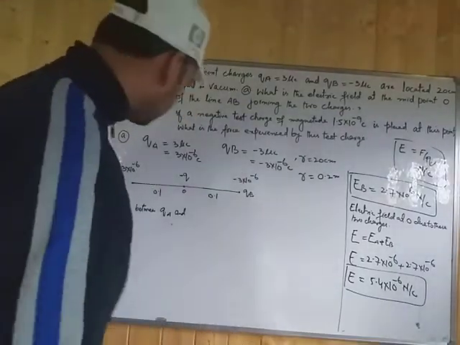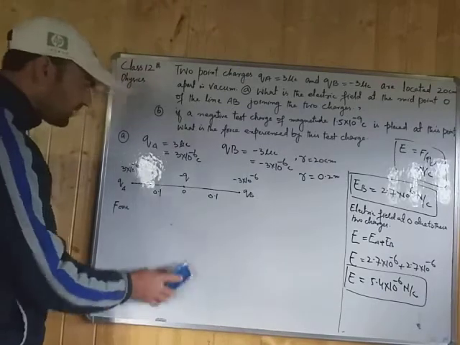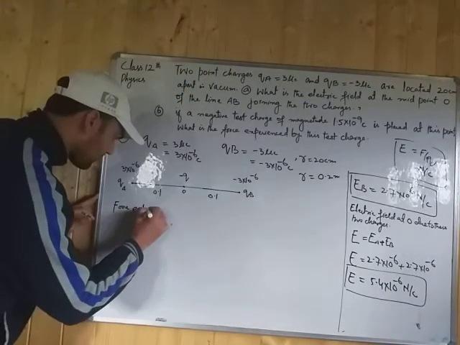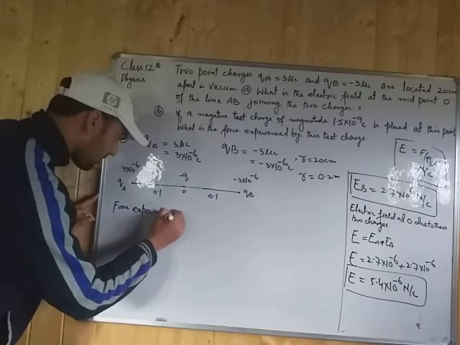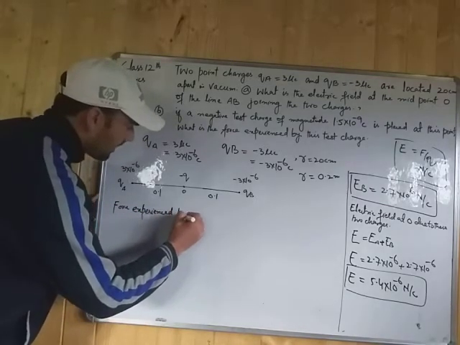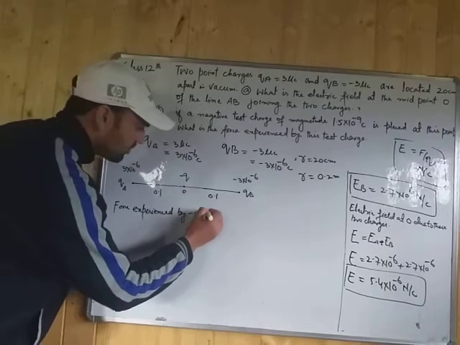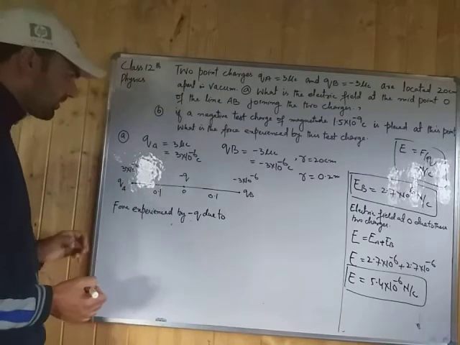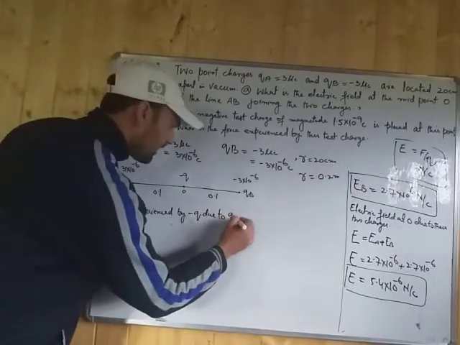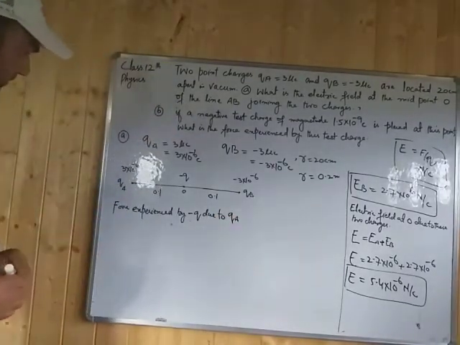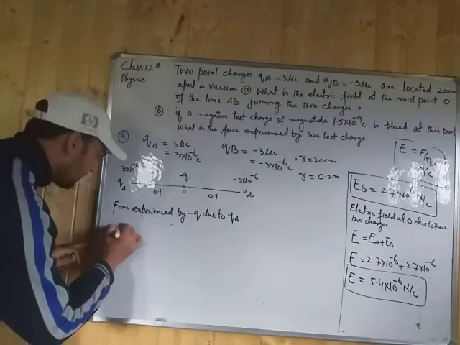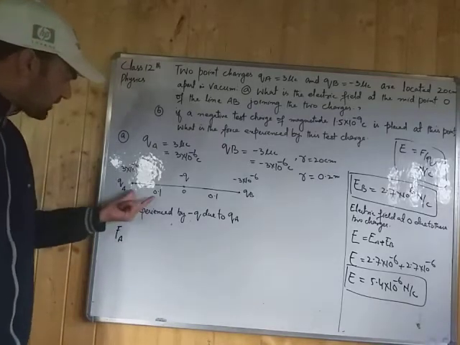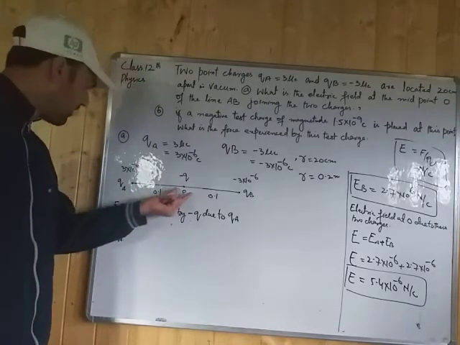So we'll write the force experienced by minus q due to QA. We can write it as FA, that means the force acting on this test charge due to QA.